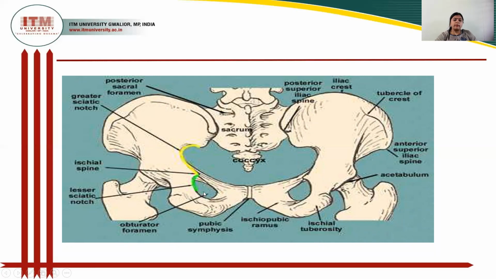There is an obturator foramen. Then there is a pubic symphysis and pubic ramus. This is the ischial tuberosity on which we are sitting, that is the green one. Then this is the iliac crest. Similar to the anterior superior iliac spine, we do have the posterior superior iliac spine.